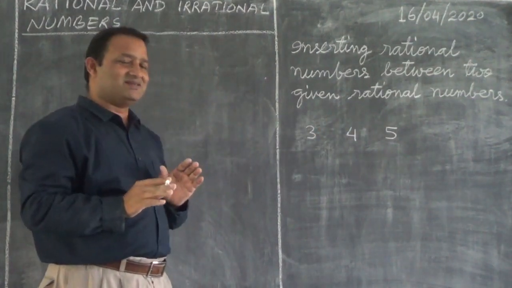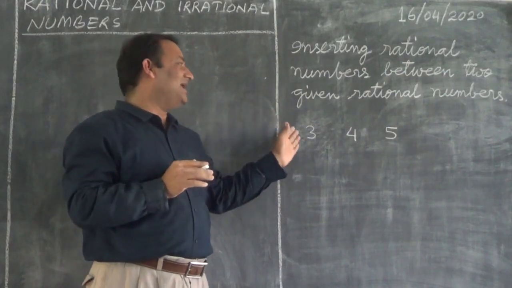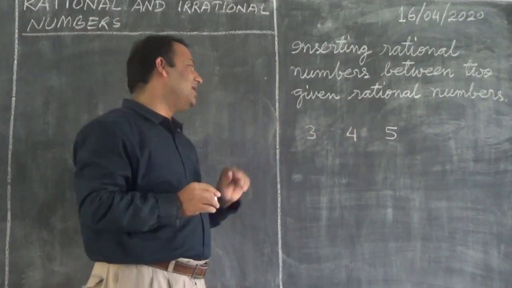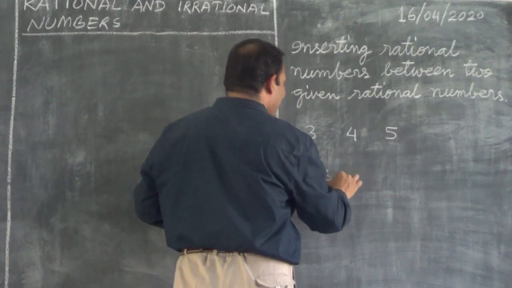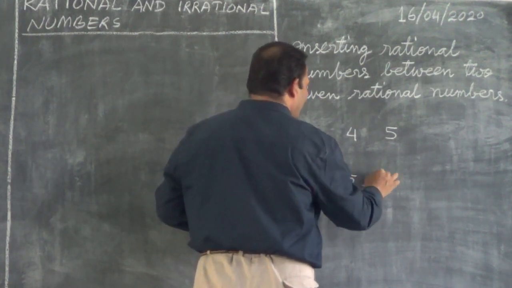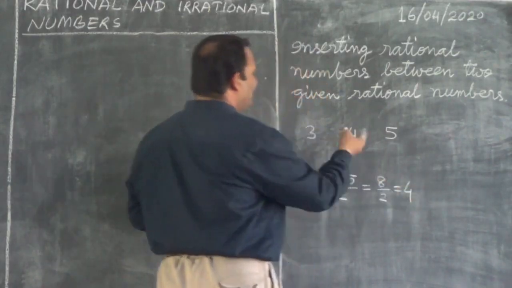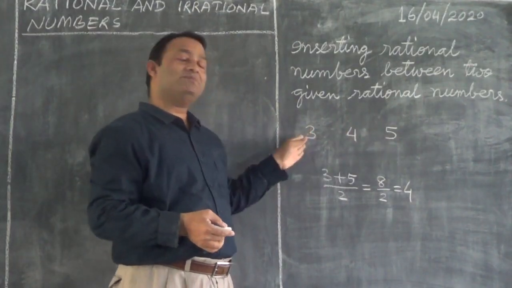In the junior classes, you did not think about it, but now is the time to think about it. Why does 4 come between 3 and 5? Because 3 plus 5 divided by 2, that is 8 divided by 2, equals 4. That is why we have 4 in between 3 and 5.